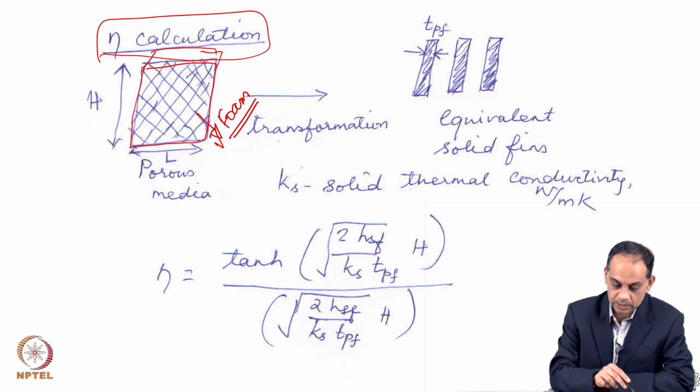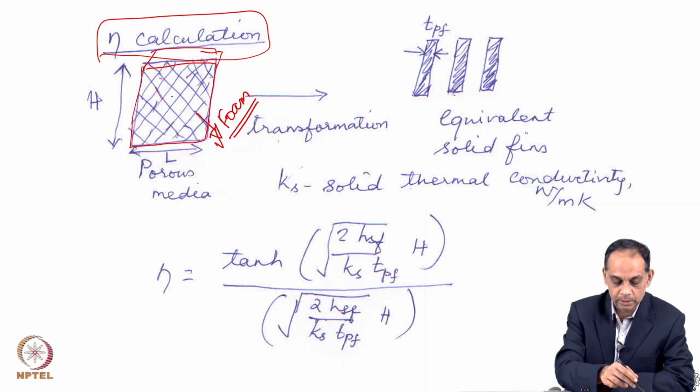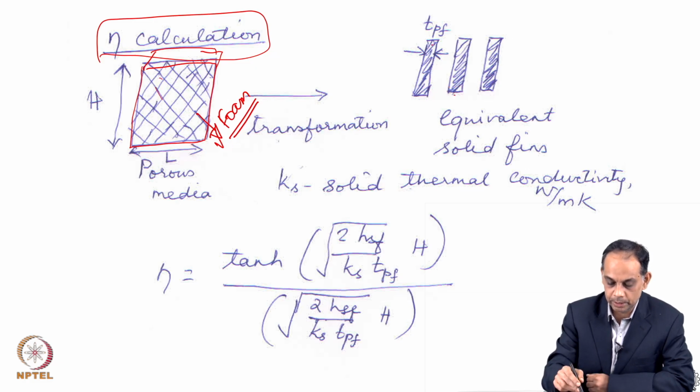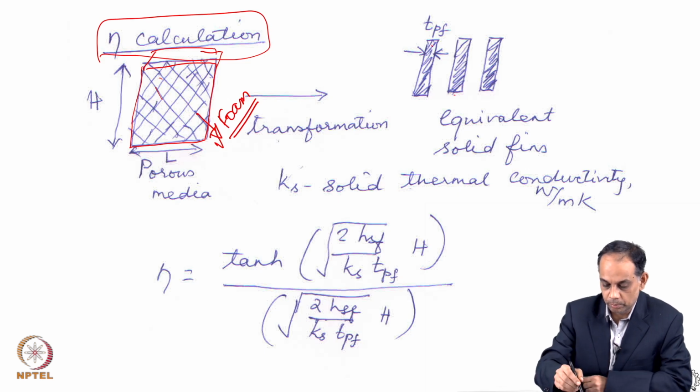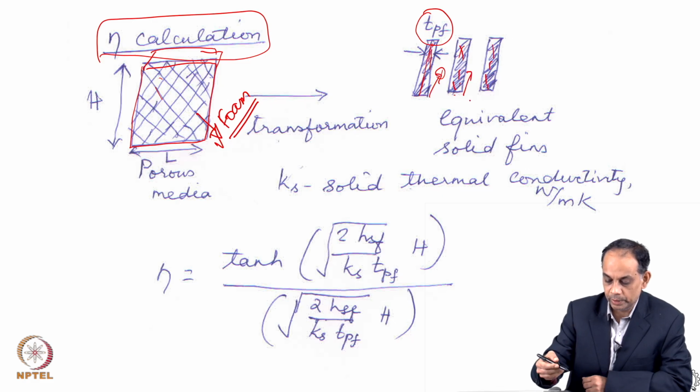So we are going to transform that into a solid fin in some kind of parallel plate mode. Instead of foams being distributed like this, we are going to treat it as if the solids were somehow merged into making some thickness TPF of the foam into a solid fin, and there is space for airflow to happen. Then we get a parallel plate type structure.